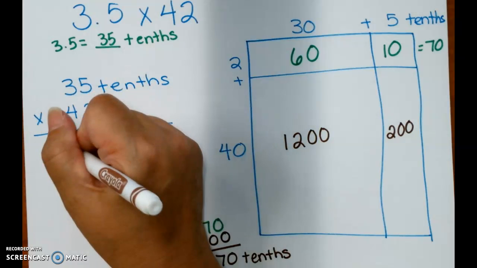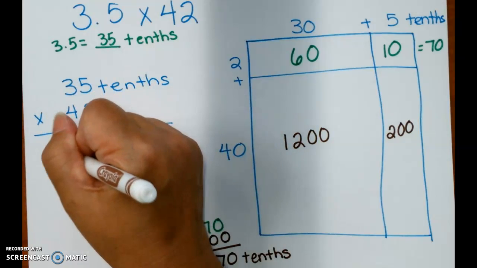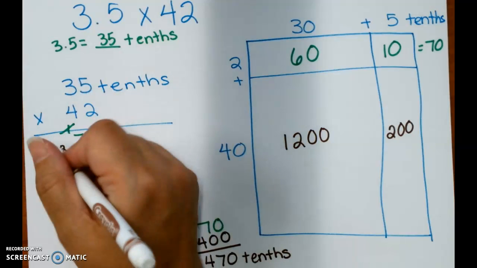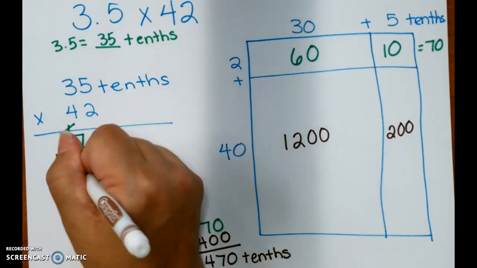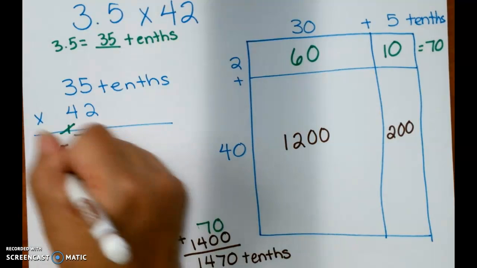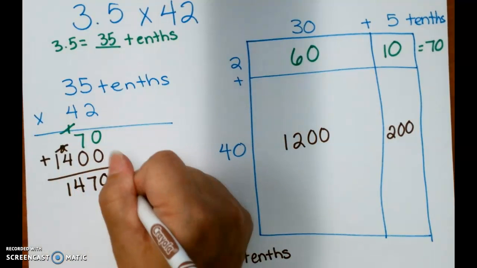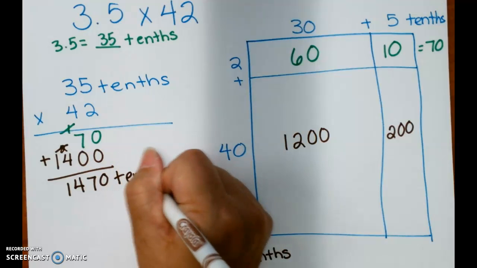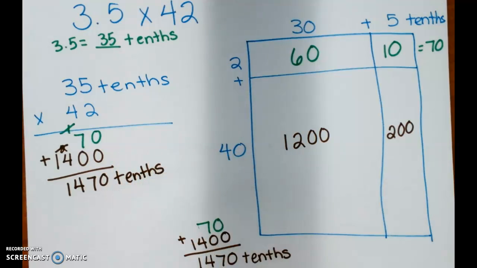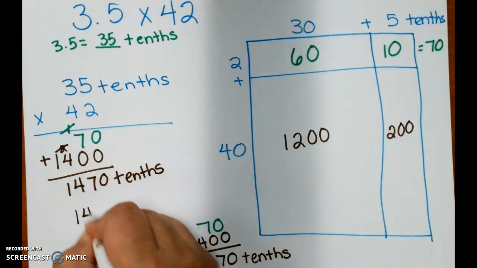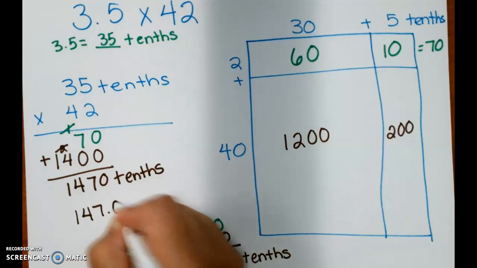And I'm going to regroup my 2. Now, 4 times 3 is 12, plus 2 is 14. When I add them together, I get 1,470 tenths. And because it's tenths, I need to put my decimal between the 4 and the 7.